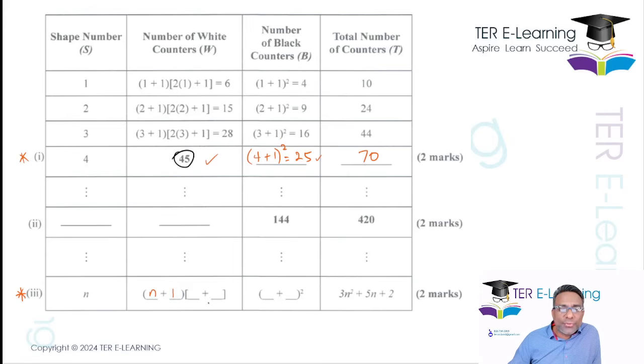We have 2 by 3, so that's going to be 2 by n. So this is 2n, and this is going to be 1, and according to this side here we have n plus 1 squared, and the total number of counters, we're adding up those two here.